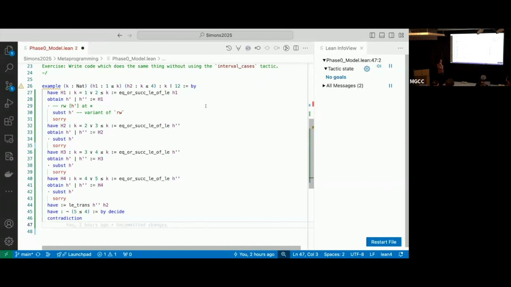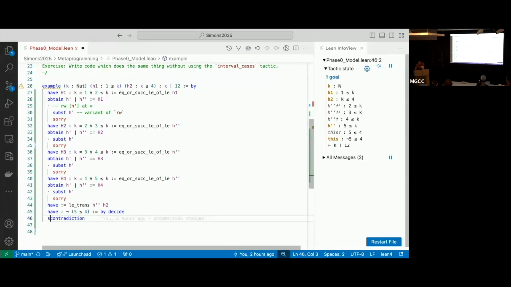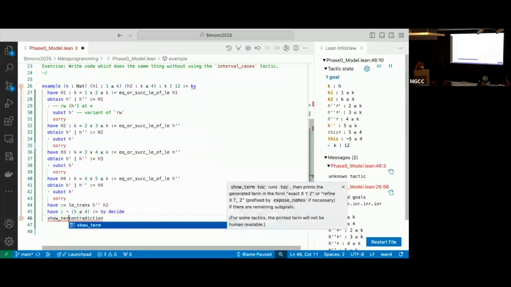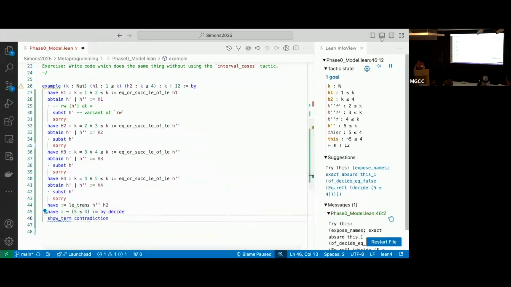Maybe a good place to start is with this contradiction. There is a lemma in Lean that is being used here. And in Lean, you can often, in the middle of a proof state, look inside what proof term is being constructed by writing show underscore term. So let's try that here.